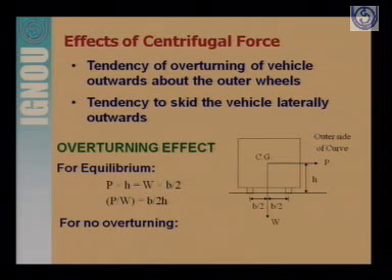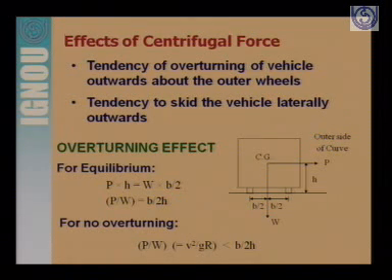But to be always safe from the overturning, this P by W, we have seen that P by W impact factor earlier, and here this is the B by 2H. So to be always safe from the overturning, this P by W ratio, that impact factor V square upon GR, should be less than B by 2H.